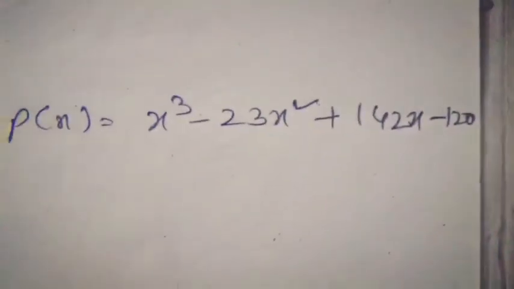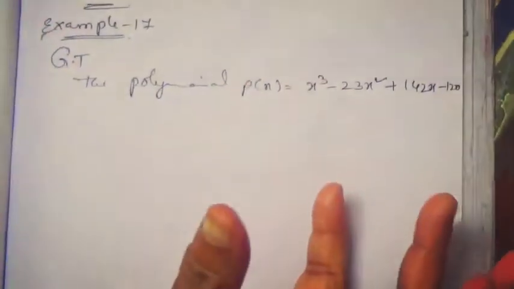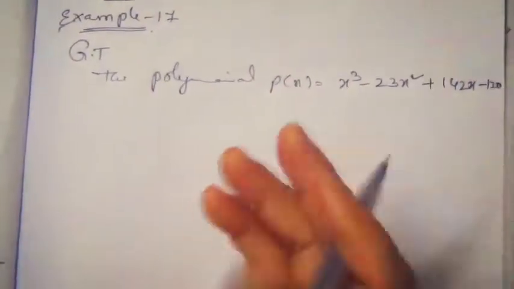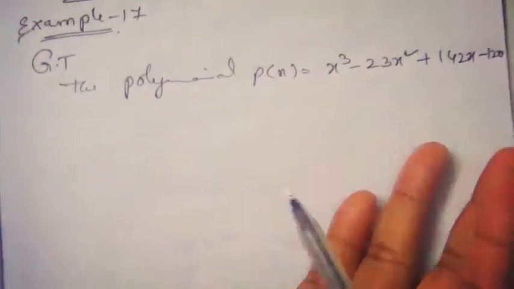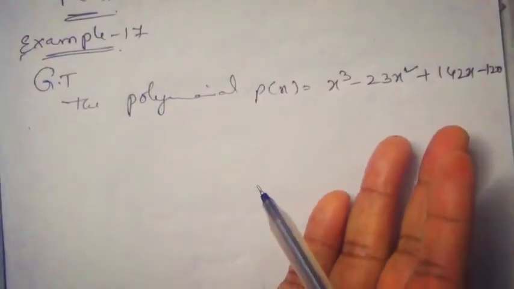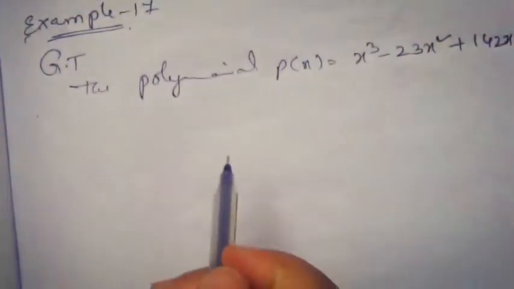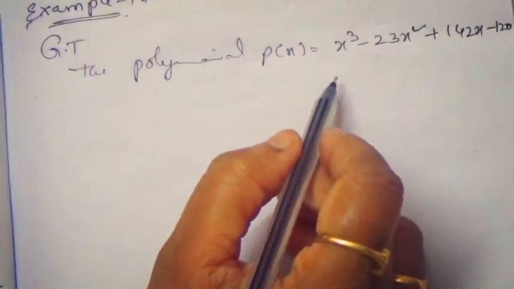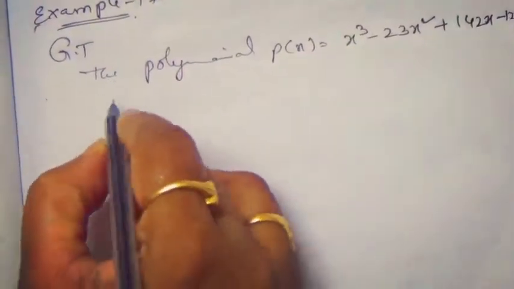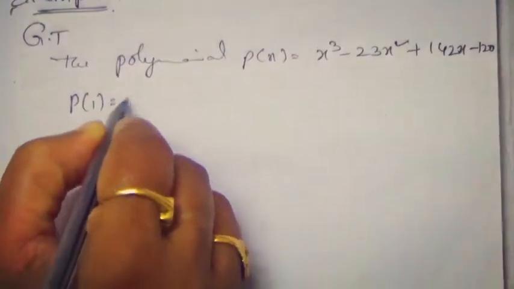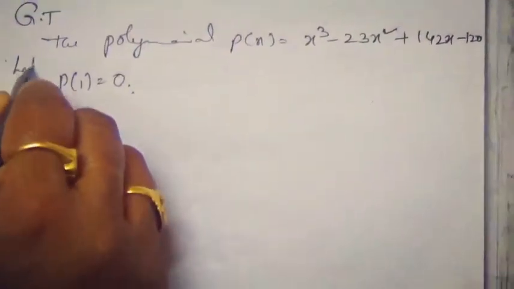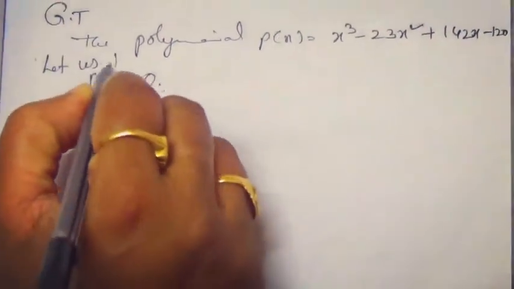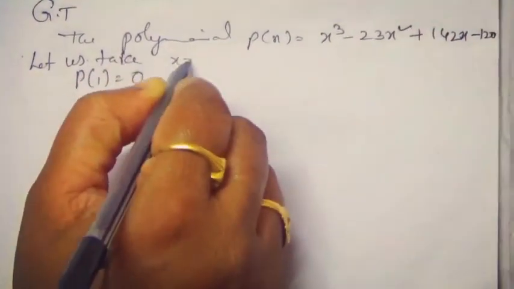But look at here, if we don't know how to factorize it, by trial we just take a value for x. Here I am taking by trial p of 1 is equal to 0. Let us verify it. Let us take x is equal to 1.